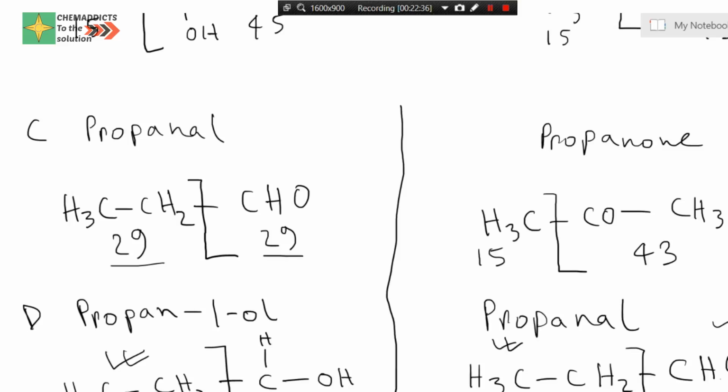Their mass by charge ratio coincides with the given mass by charge ratio in the question. That's the solution to this question, so that is why D should be the answer.